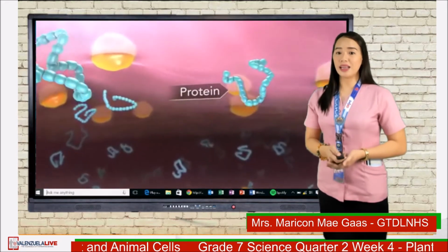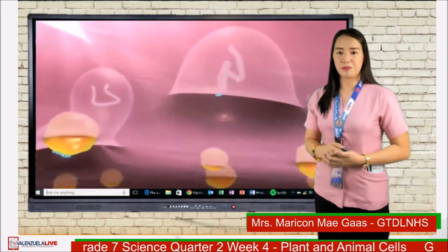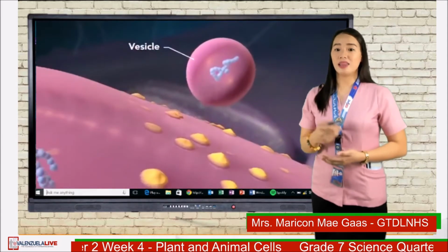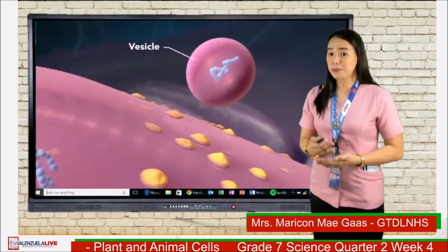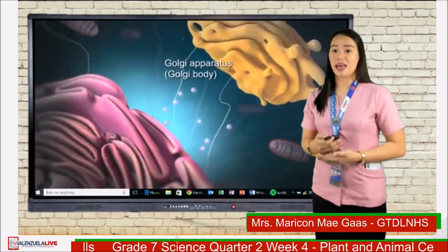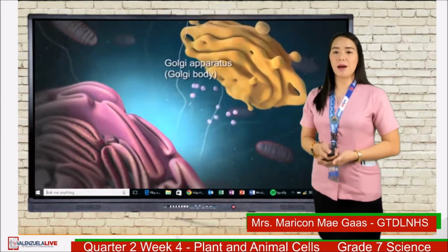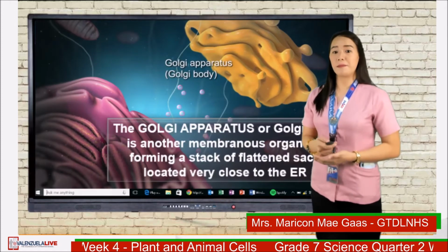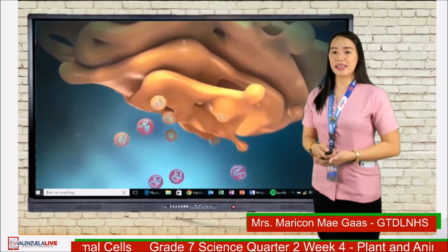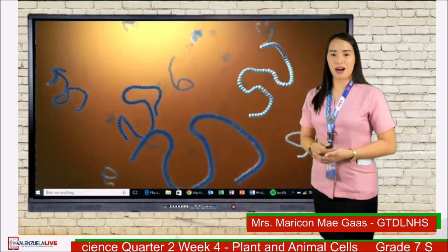Proteins and other materials emerge from the endoplasmic reticulum in small vesicles, where the Golgi apparatus, sometimes called the Golgi body, receives them. The Golgi apparatus is another membranous organelle forming a stack of flattened sacs located very close to the ER.